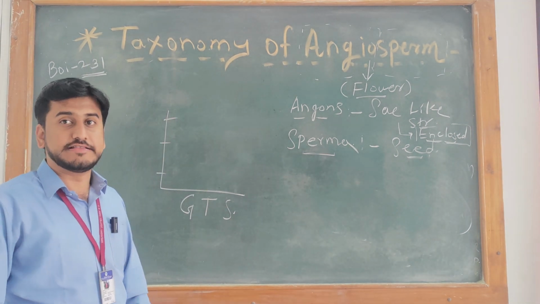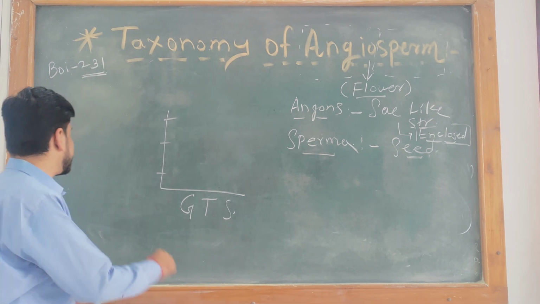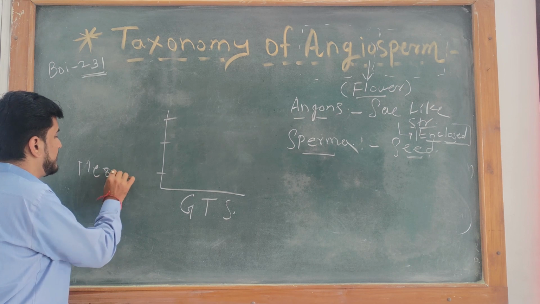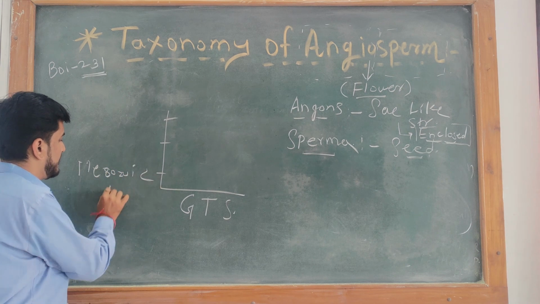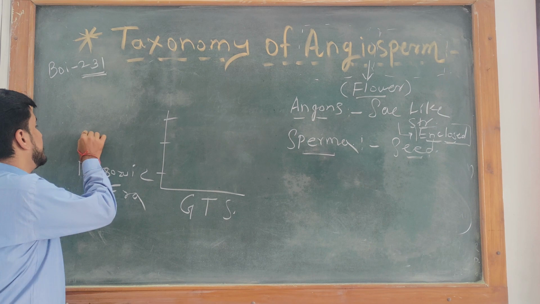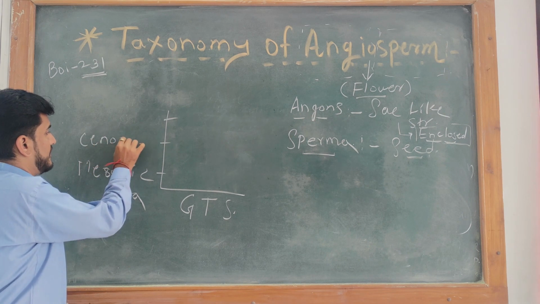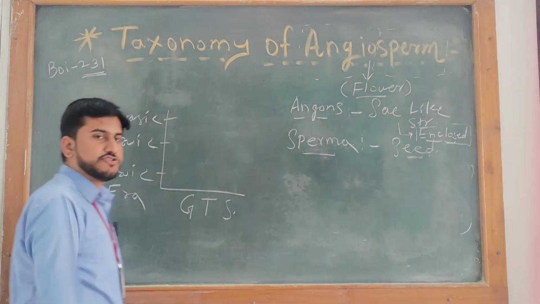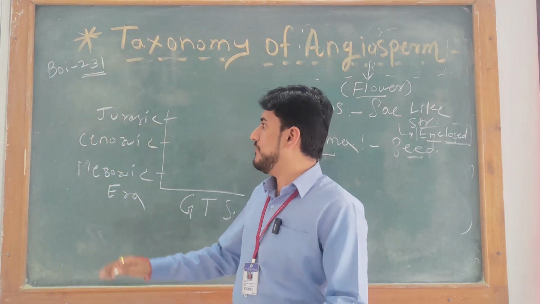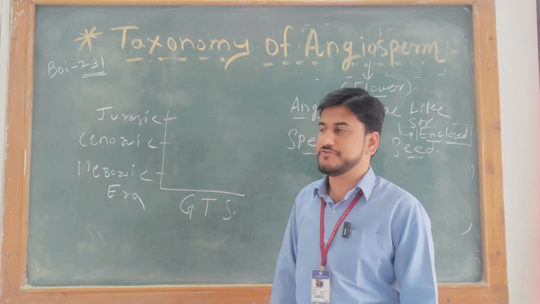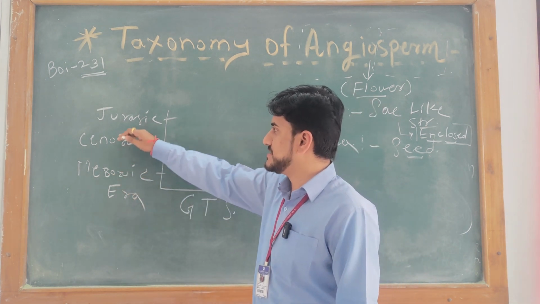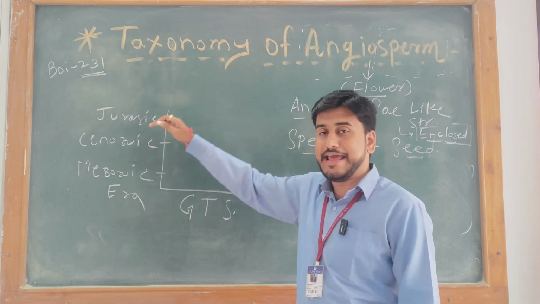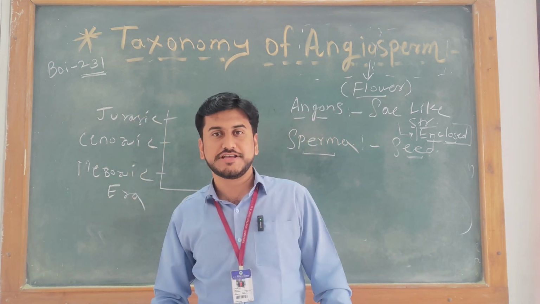For example, the Mesozoic era, then the Cenozoic era, the Jurassic era. You know the movie Jurassic Park, the dinosaur evolved in the Jurassic period, Jurassic era. So Mesozoic, Cenozoic, Jurassic, all these periods or eras are mentioned in the geological time scale.